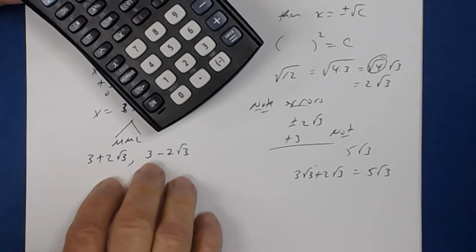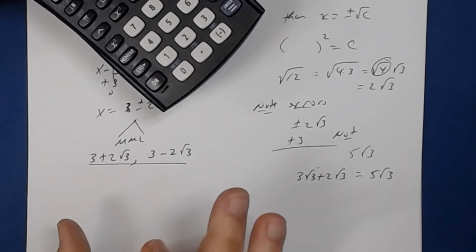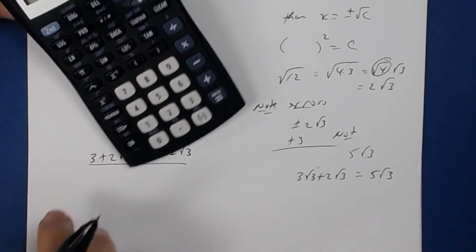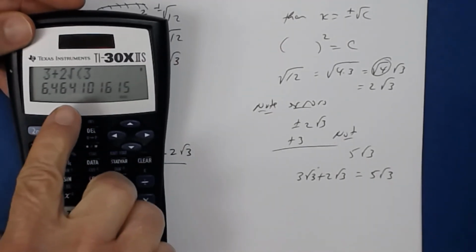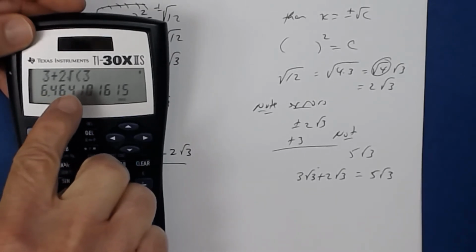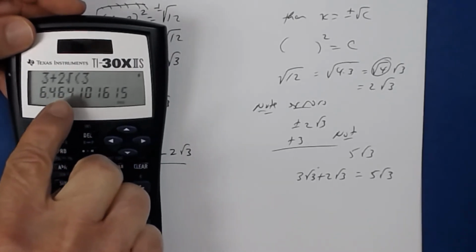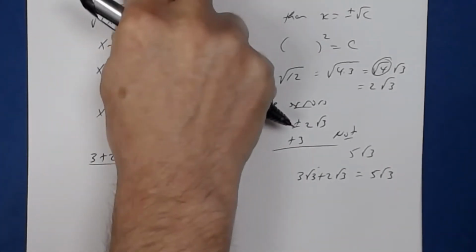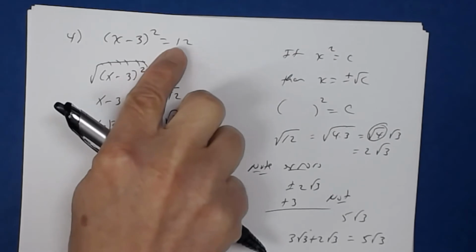So those are your solutions. You are done. What I'm telling you, though, is that I want to approximate this one, 6.46, although remember, it's not equal, it's an approximation. In fact, let's use the nearest thousandth, 6.464, and plug that in here and see if this side is equal to that side.